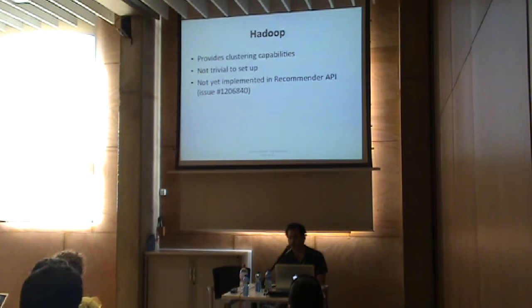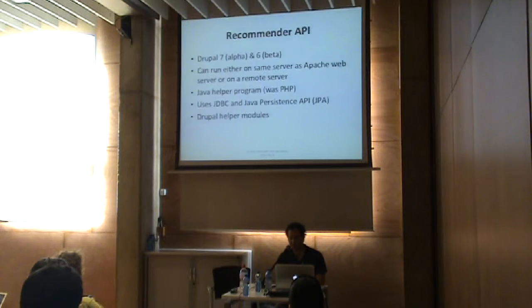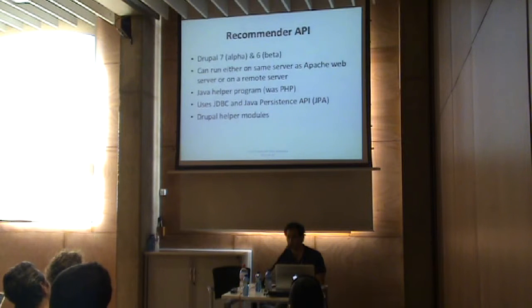It's worth mentioning that the Recommender API is a mix of PHP and Java, and it has its own schema, its own tables that it defines within the Drupal world. Originally, at the start of the Recommender API project a couple of years ago, the current maintainer had built everything in PHP.